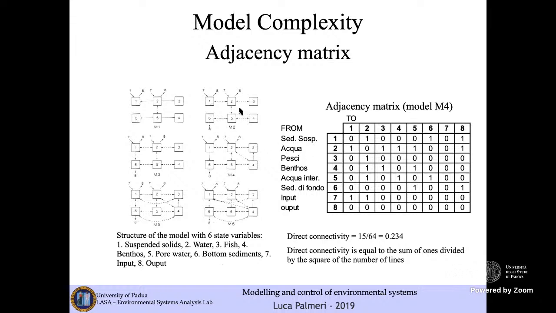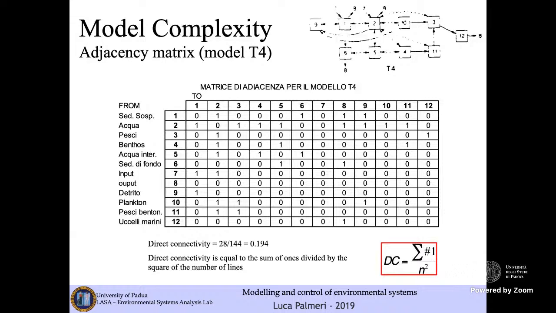So, for example, for model M4, this is the adjacency matrix. So we are translating this conceptualization in terms of arrows and boxes into a first matricial description, and the direct connectivity index is trivially calculated by summing the number of ones in the matrix and dividing by the potential total number of ones, that is the square of n.